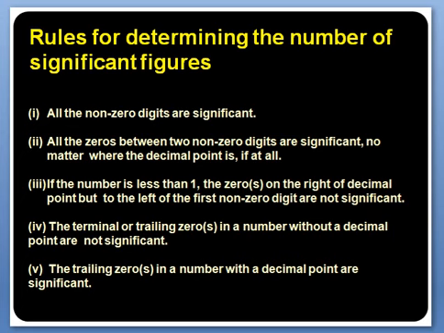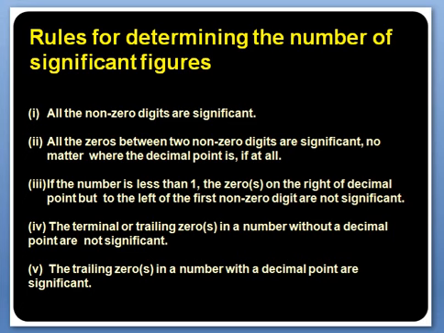So in 2.374, the significant figures are 4.